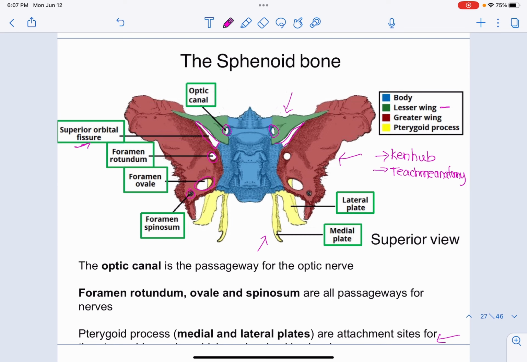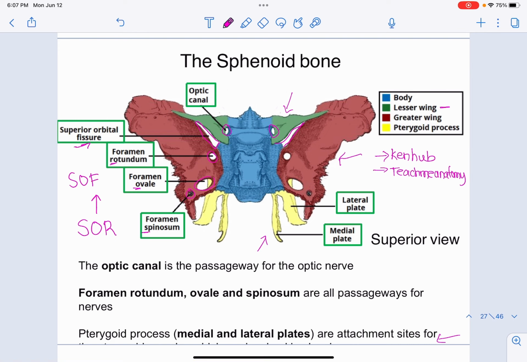The acronym that a student came up with was SOAR, because if it's a butterfly or if it's a dragon, it's soaring through the air. So spinosum, ovale, rotundum, okay, to help you memorize them. And then the same student also came up with the acronym SOAR-SOF.